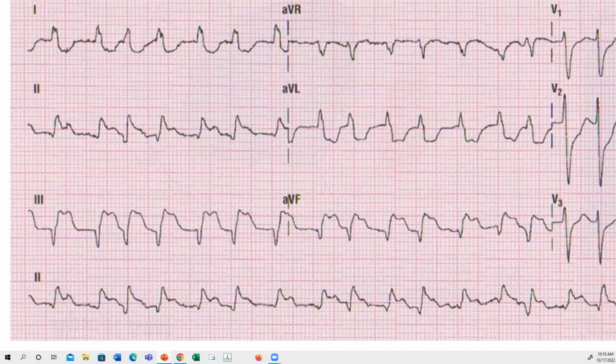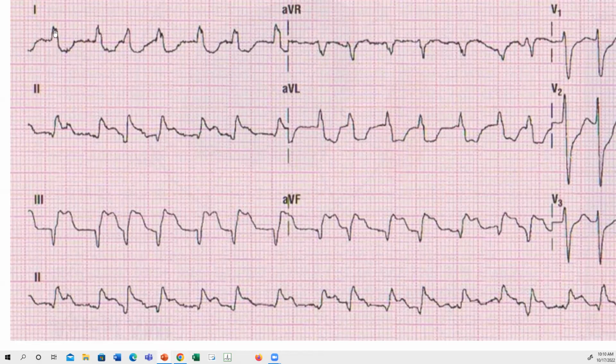So we cannot identify any P waves in this strip at all. And third, a wavy baseline. And we can see that the baseline right over here is wavy. So there is atrial fib in this particular situation. So you got that correct. So the first thing is that there's atrial fibrillation.